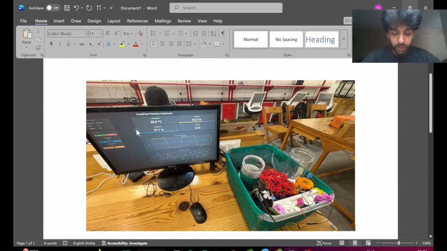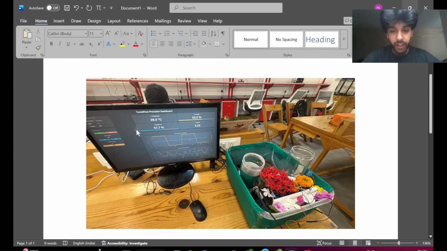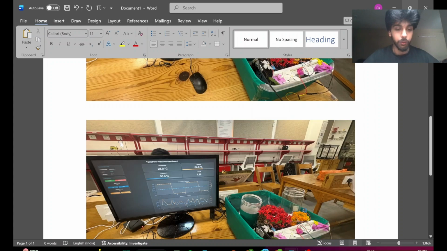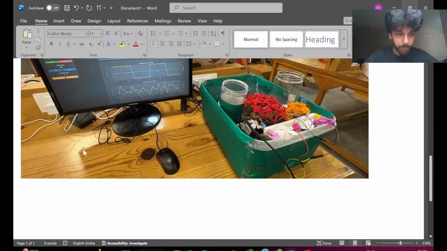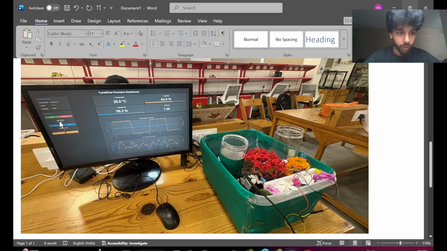So this makes my embedded system more energy efficient, and it also monitors the real values of the pH, temperature, and moisture in real time. We also have a manual control, because here you can see in my interface, I have the auto as well as the manual mode.